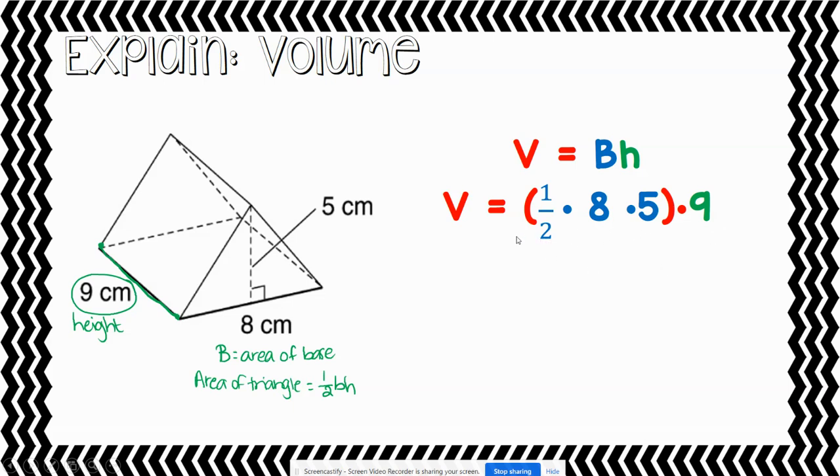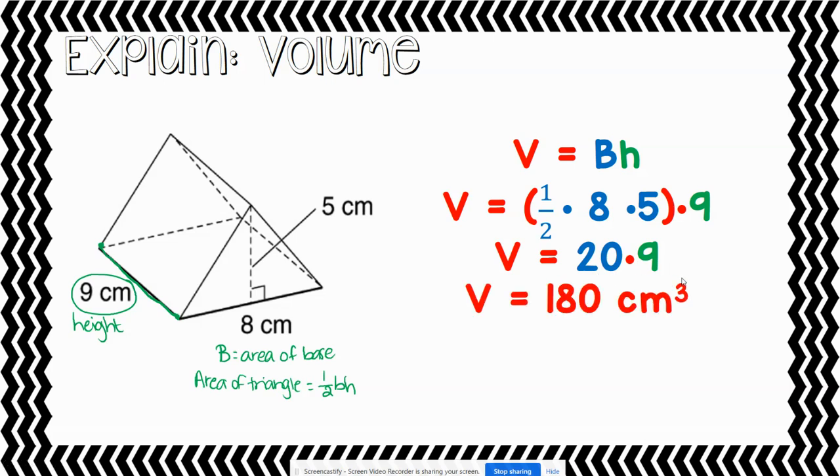Now, if I start by doing the area of the base first, 1/2 times 8 is 4, and then 4 times 5 is 20. So the area of the base would be 20, but I would still need to multiply that by the height of the entire prism. Now I would do 20 times 9, which would give me a volume of 180 centimeters cubed.